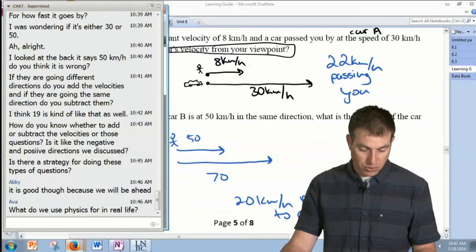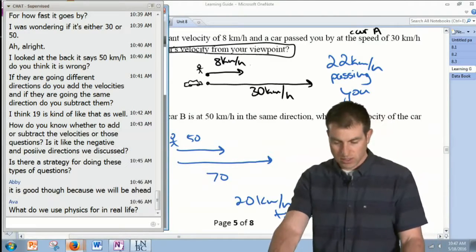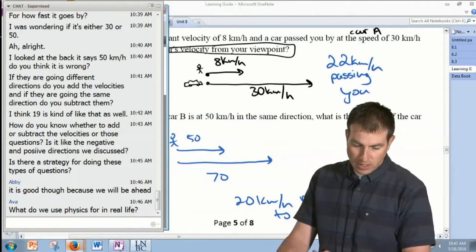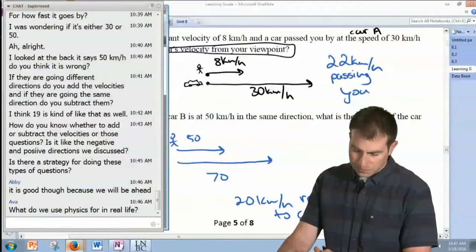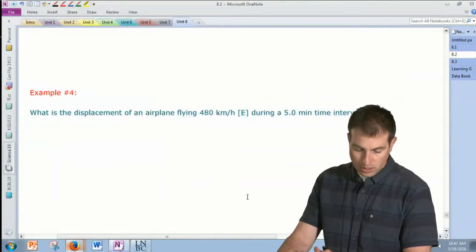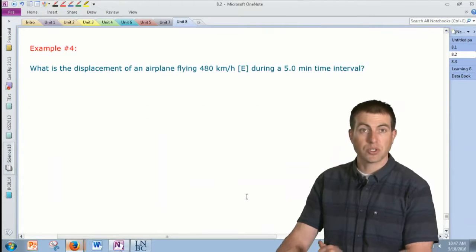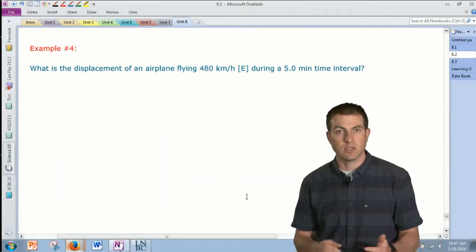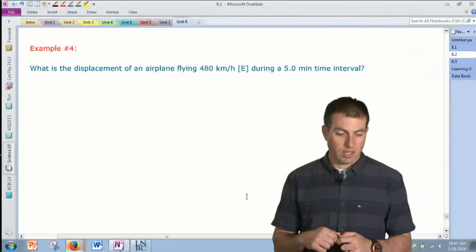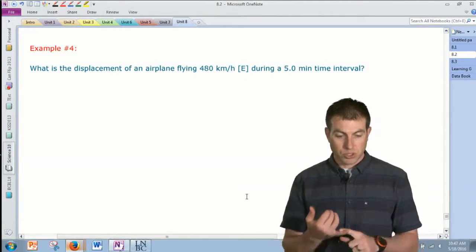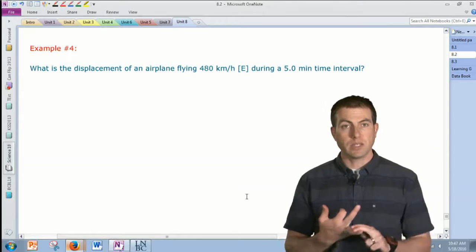What do you use physics for in real life? Oh, that's a dangerous question. Physics is a really broad area of science. Everything from the computer screen you're looking at involves physics, to the guy who delivered your screen. Physics talks about motion and optics.